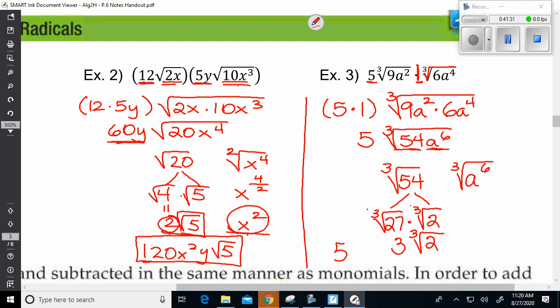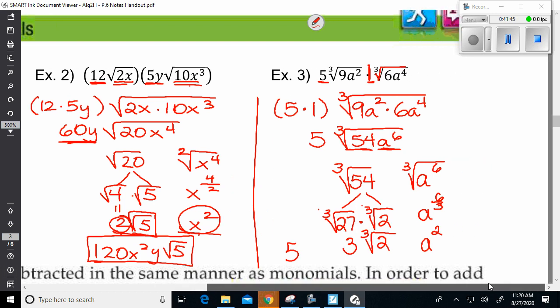Cube root of a to the 6 is a squared: since you have a variable, you divide the exponents, so that gives you a squared. That gives you a lot of stuff that needs to be cleaned up. 5 is outside of a root. 3 is outside of a root. And a squared is outside of a root.